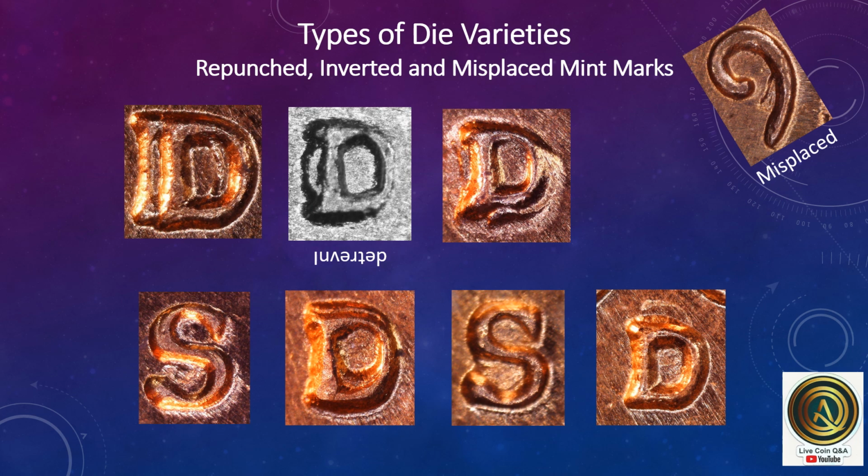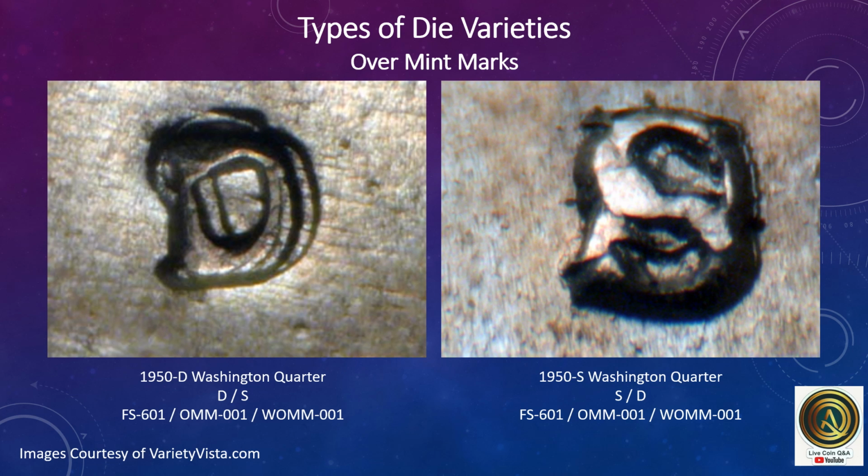Here are examples of repunched, inverted, and misplaced mint marks. Here are 2 over mint marks, both on 1950 Washington quarters.